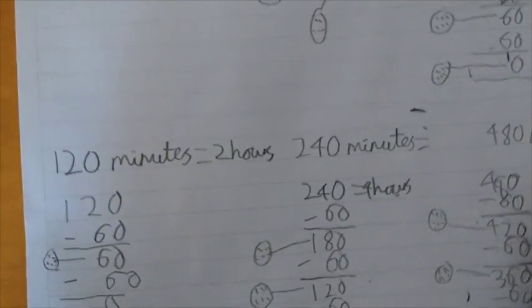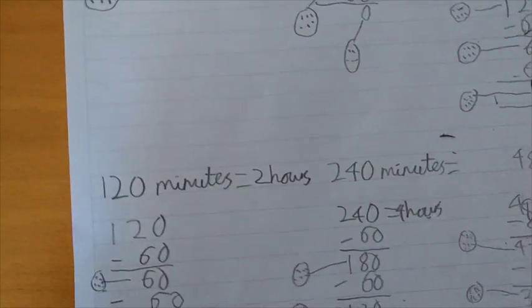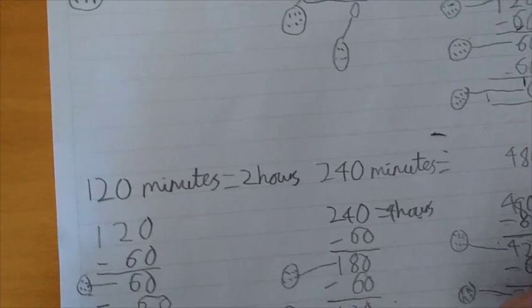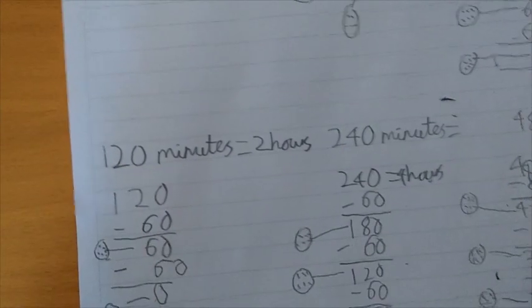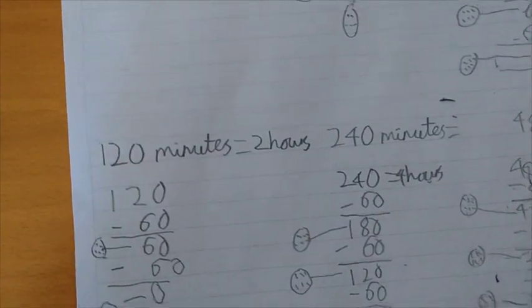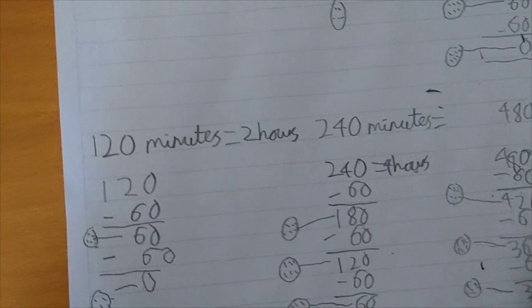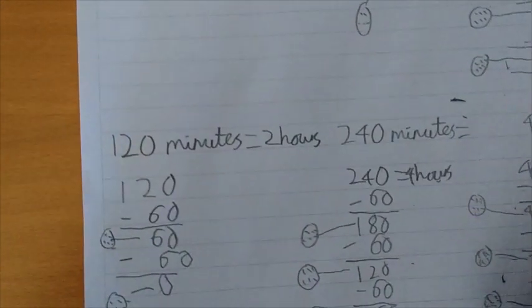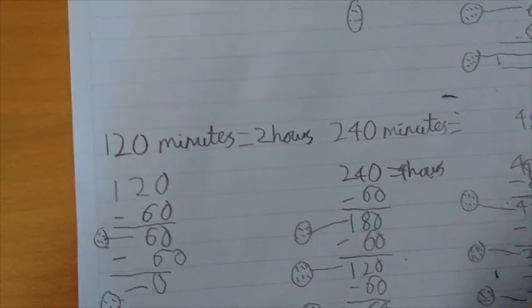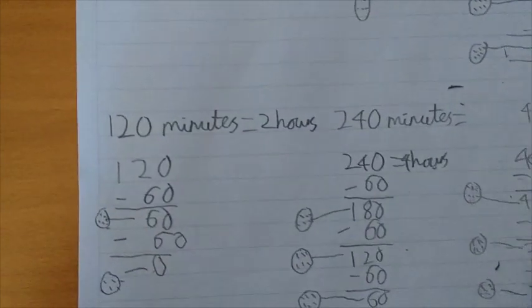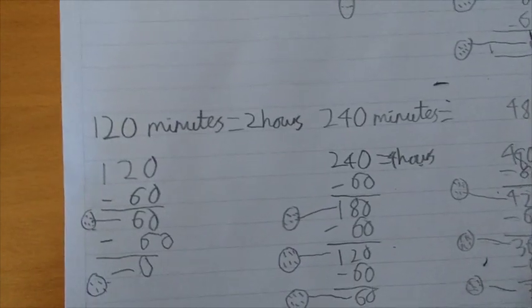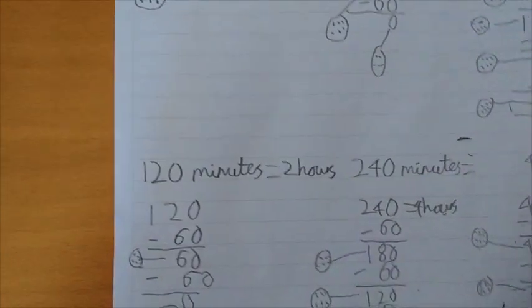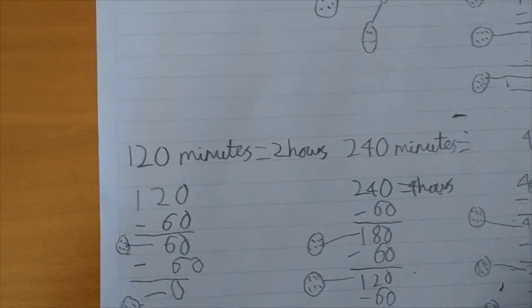Minus 60. 300. Minus 60. 240. Minus 60. 180. Another bubble.